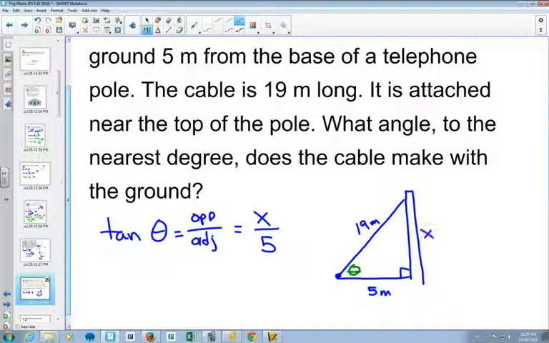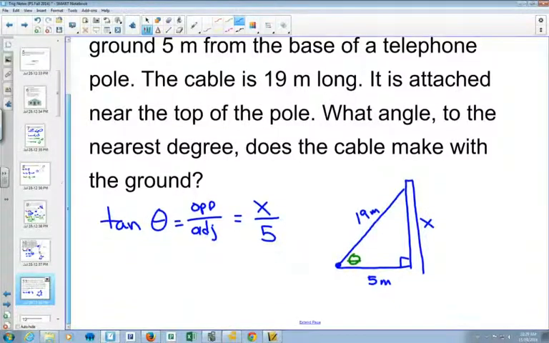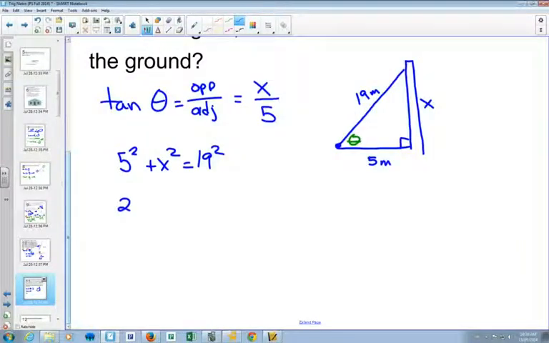So then I look back at my diagram and ask, is there any way that I could find that x with other things that I've learned? Yes, Emily. a squared plus b squared equals c squared. Now, the hypotenuse would be the 19, so I would have 5 squared plus x squared equals 19 squared. 25 plus x squared equals 361.